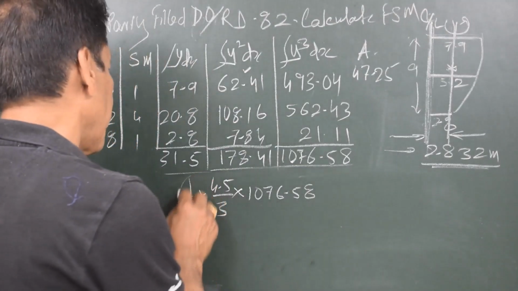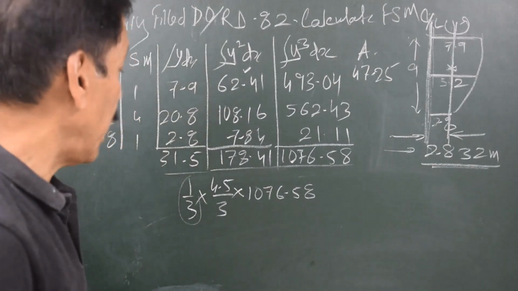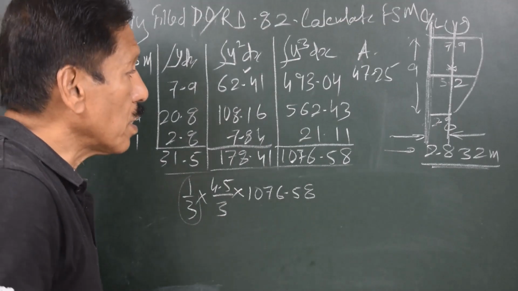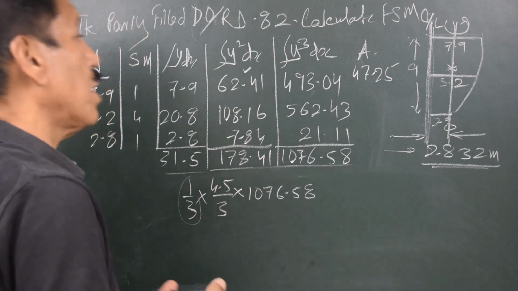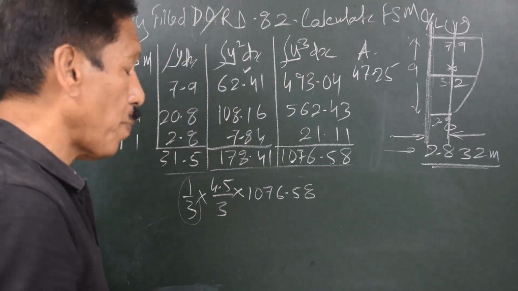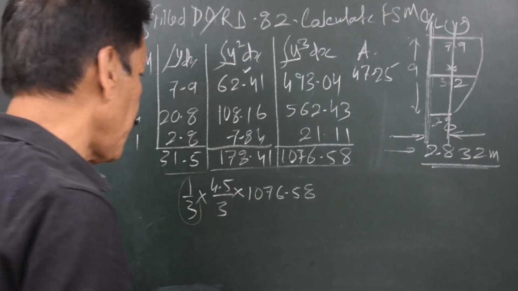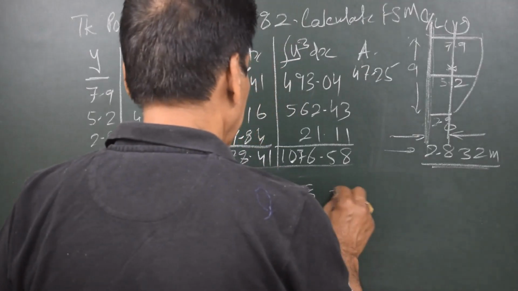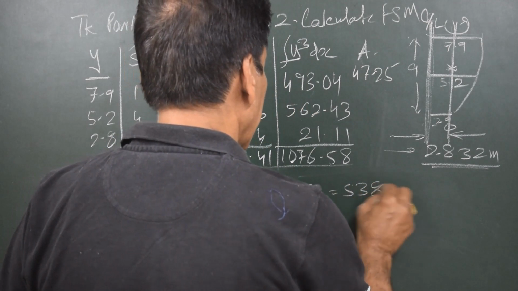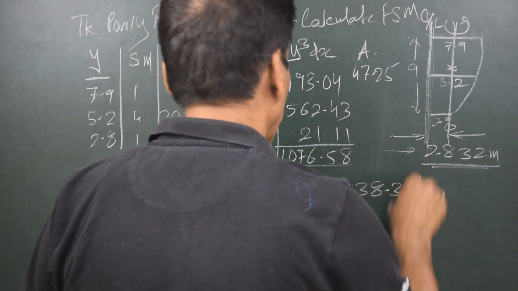This 1/3 is a regular constant which we need to multiply with in a situation where the ordinate is perpendicular to the reference axis. So this is 538.3 meter raised to 4.